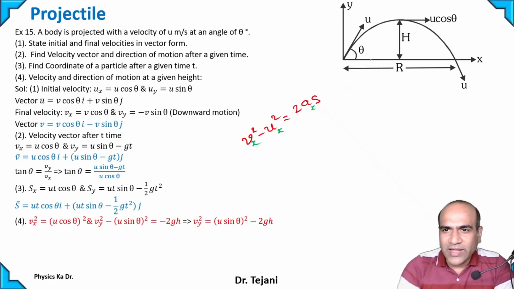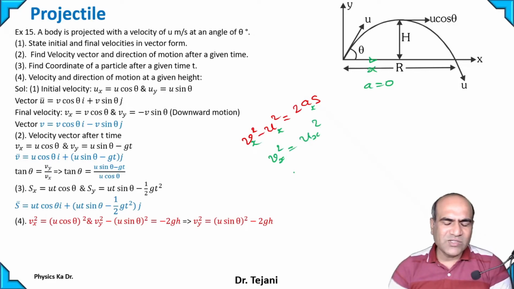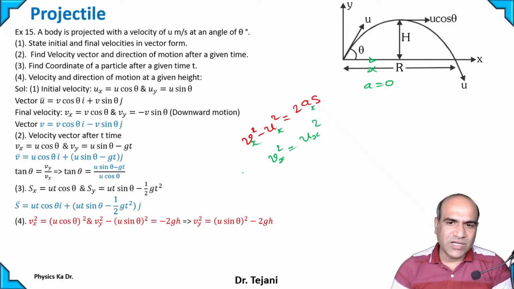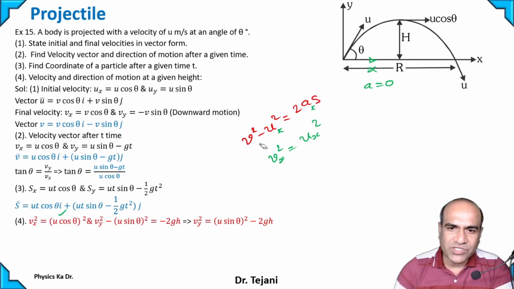What is the acceleration along the x direction? It is equal to 0. So Vx squared is equal to Ux squared, similarly Vx is equal to Ux, which is u cos theta. And what about vertical?